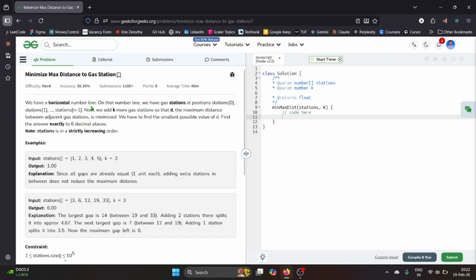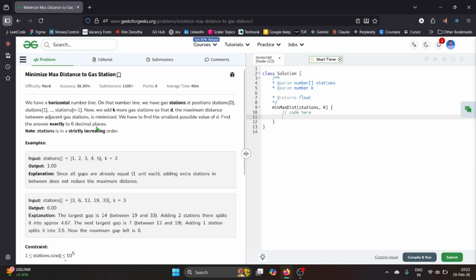So let's see what the problem statement is saying. We have a horizontal number line. On that number line, we have gas stations at positions station[0], station[1], and so on up to n minus 1. In this example, you can see the gas stations 1, 2, 3, 4, and 5.